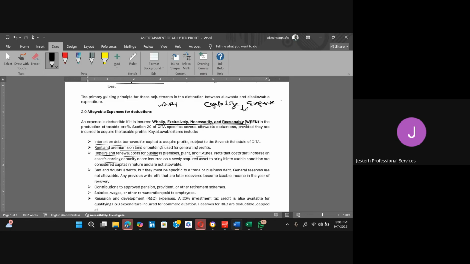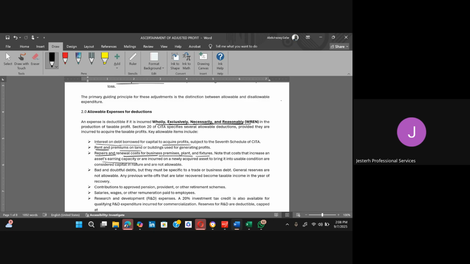So what they are telling us here is that if you incur such an expense, it should rather be capitalized to your assets, but what? It should not be deducted as an expense. If you deduct such, the taxman will ask you to remove it, that is not an allowable expense. So that is what we are saying here.